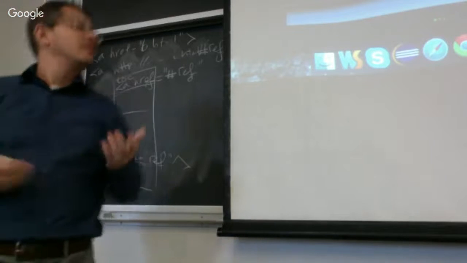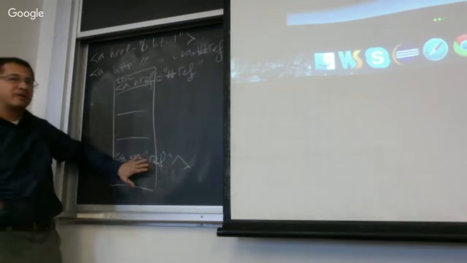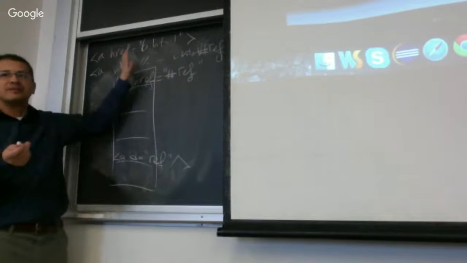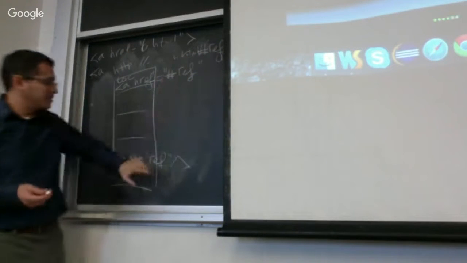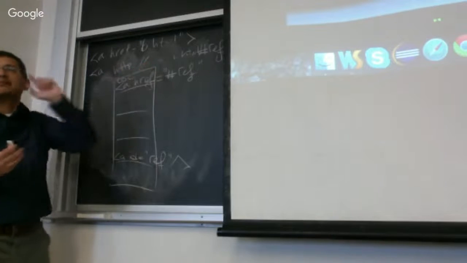So for instance, if you put href and navigate to the bottom of the page, if you press back, it goes back to the previous URL, which didn't have the hash. Yes? So the back button would navigate you to the top where you were. See that? That's very important.